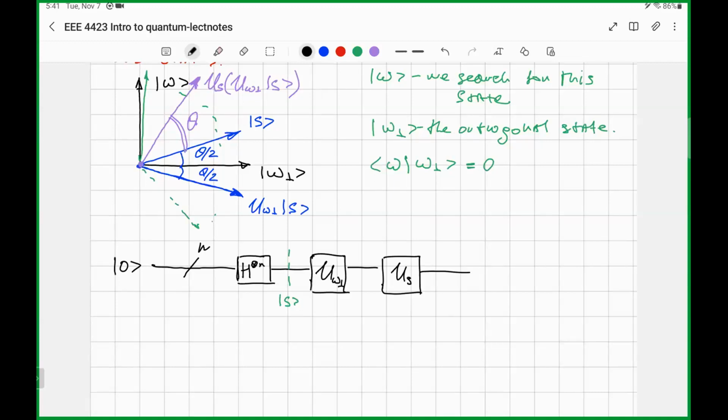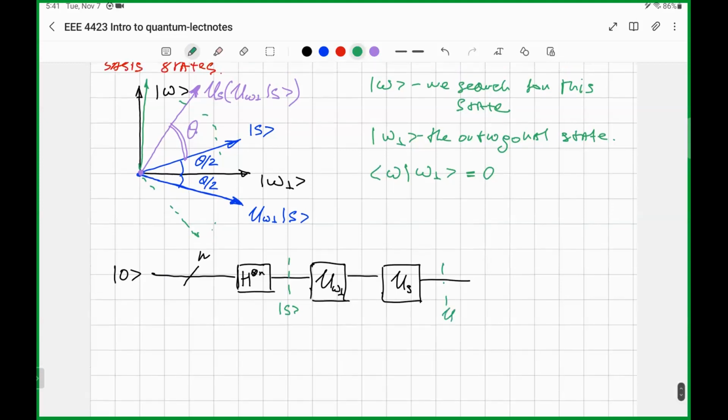So as a result of this single operation, we've got the vector US U omega orthogonal S. Right. So this is the result of a single iteration.